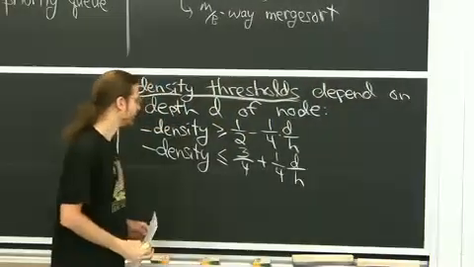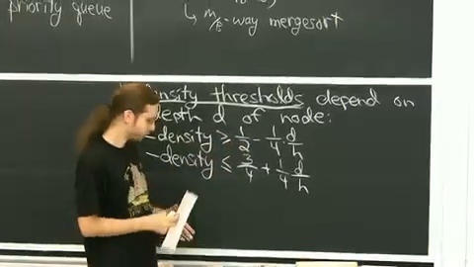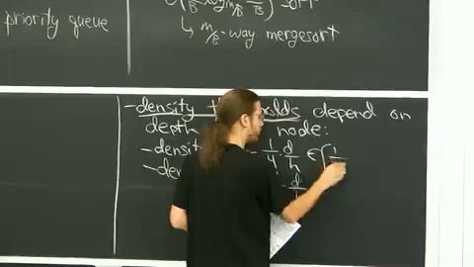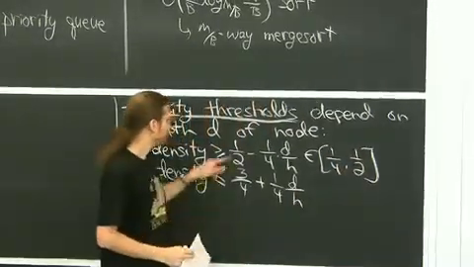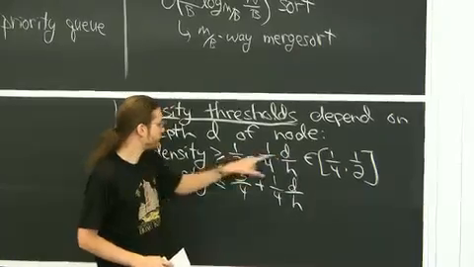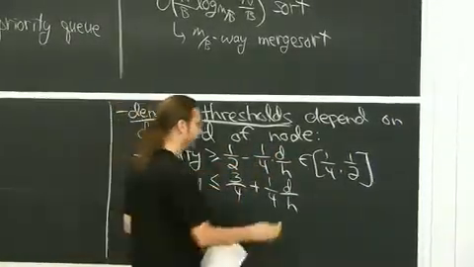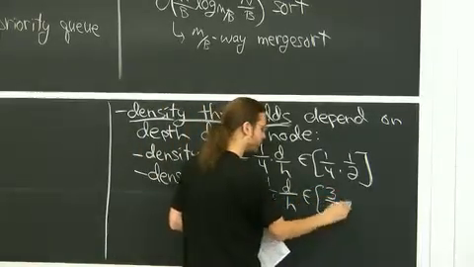And so we just are linearly interpolating between, let's see, this is always between 1/4 and 1/2. Right, 1/2 when this is 0, 1/4 when this is h. So you get 1/2 minus 1/4. And this one is always in the range 3/4 to 1.